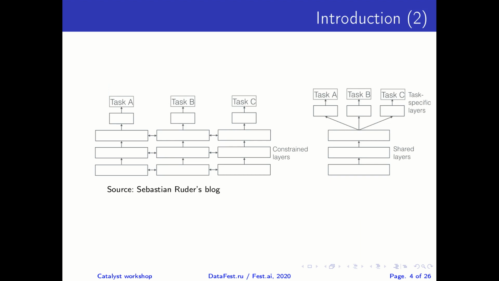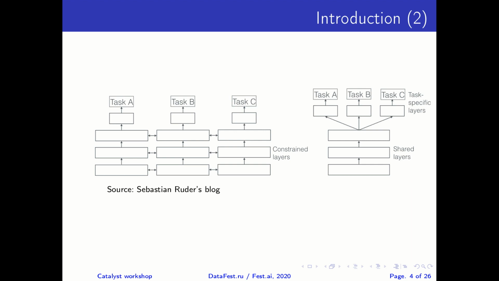So the two types of multitask learning are soft parameter sharing, which is on the left on this slide, and hard parameter sharing, which is on the right on this slide. In hard parameter sharing, you basically have a large backbone which is completely shared between the tasks, and then you have just a bunch of task-specific subnetworks and task-specific heads.